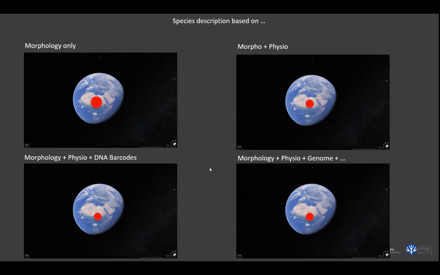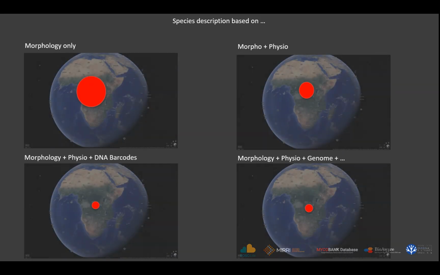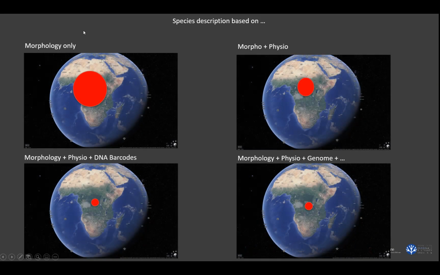But if you zoom in a little bit more, you will see that morphology alone is not going to give you a lot of precision, and it will not be a dot on the map but an area. In this case, it's not very precise, while this one remains quite precise.